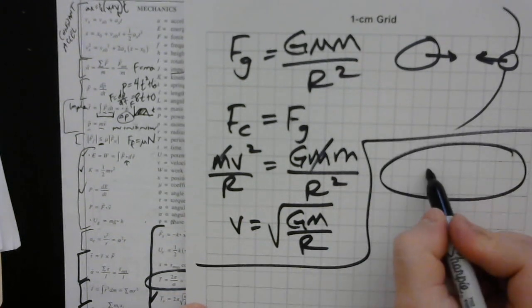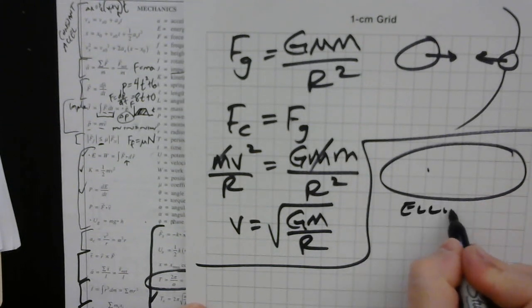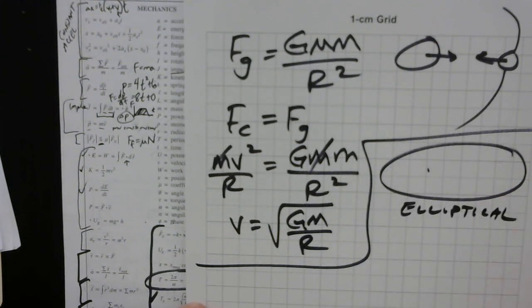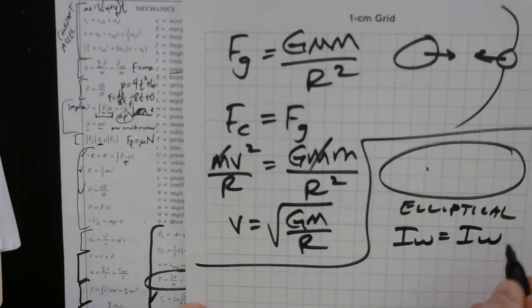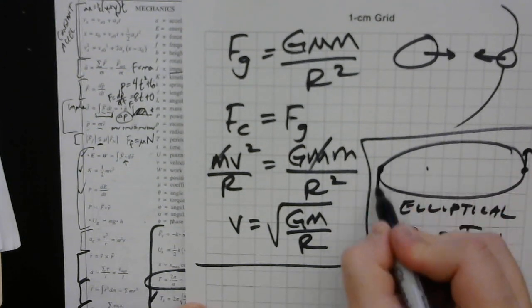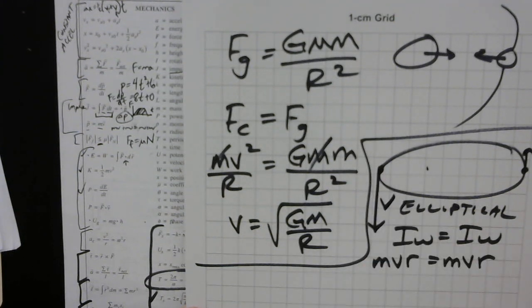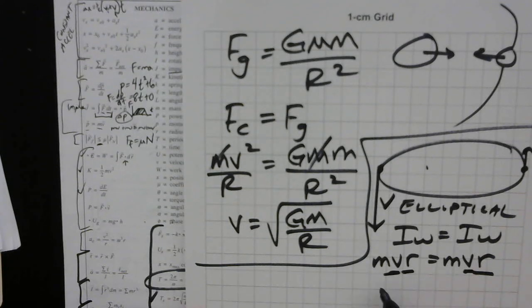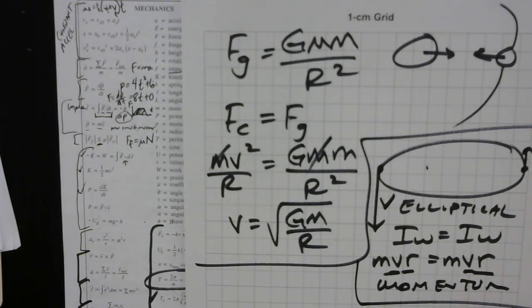The other is this is going to be an elliptical orbit. If it's in an elliptical orbit, I say that I omega equals I omega, but since we're dealing with planets, I'd say mvr equals mvr. So as the planet goes from here to here it goes slow, here it goes fast, because as you change your r's, you have to change your velocities. This is angular momentum. This is one of Kepler's laws.